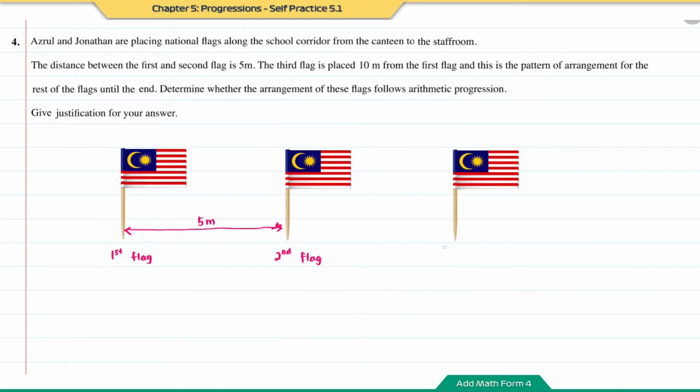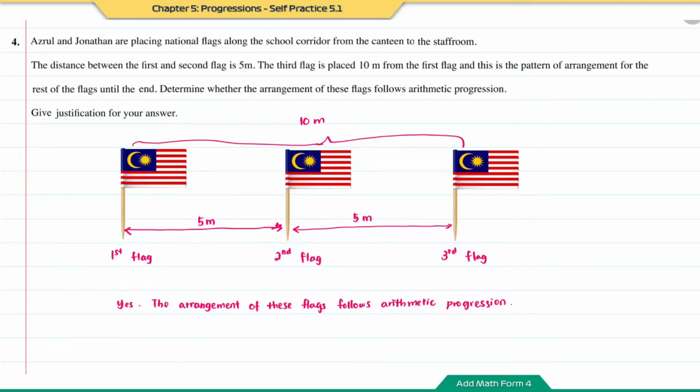The third flag here, the distance of this third flag from the first one is 10 meters, which means the distance between the second flag and the third flag will equal 5 meters as well. So 10 meters minus 5 meters. So does this arrangement of flags follow an arithmetic progression? Yes.